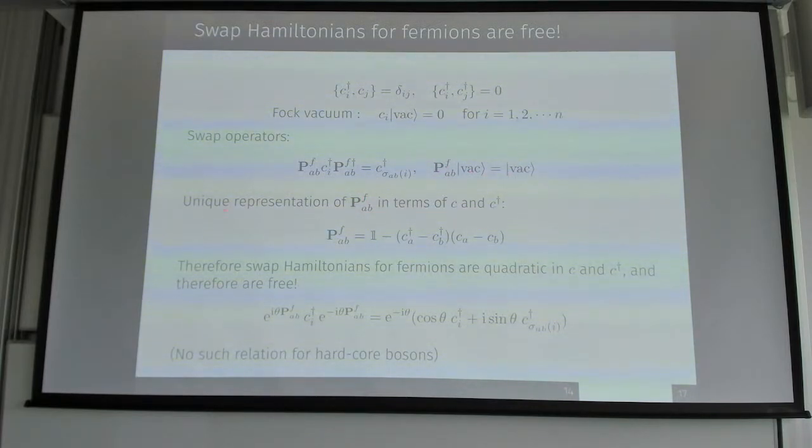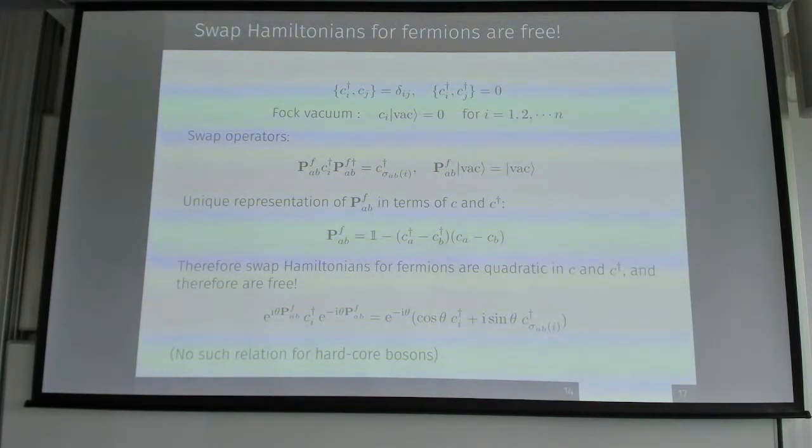Then there is a unique representation of this swap operator in terms of c and c dagger, and it is quadratic. Therefore, the swap Hamiltonians are all free, and if we look at the unitary acting on these creation operators, it just forms a Bogoliubov transformation of these operators.